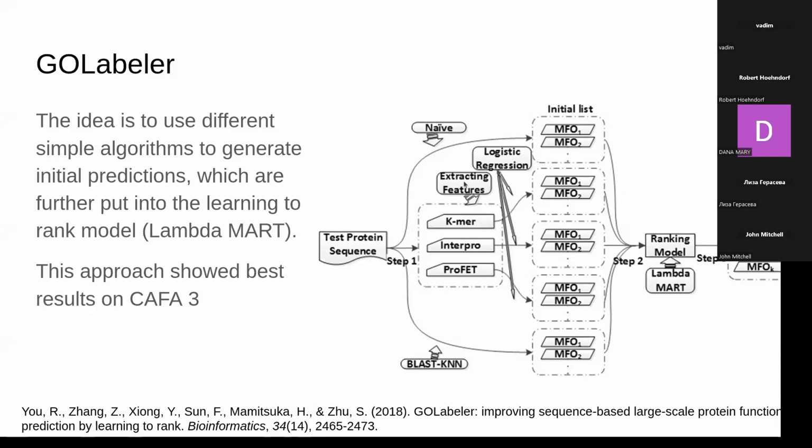And from these simple methods, they obtain the initial list of predictions, and for each method they find the top 30 predictions, and these top 30 predictions they take as an input for a ranking model, LambdaMART, and then it provides a re-ranking of these predictions.